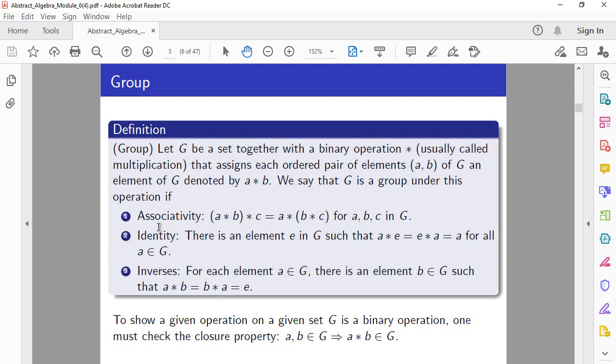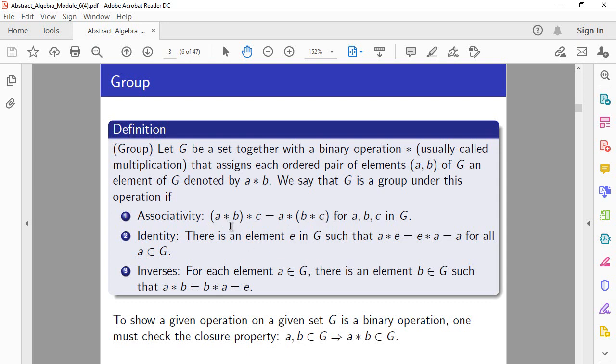Property number 1 is associativity, which means the following: if we are multiplying a sequence of 3 elements A, B, C in G, then we have a choice of where to put the parentheses. So here we are applying the operation to A and B first, and on the other side we are applying the operation to B and C first.